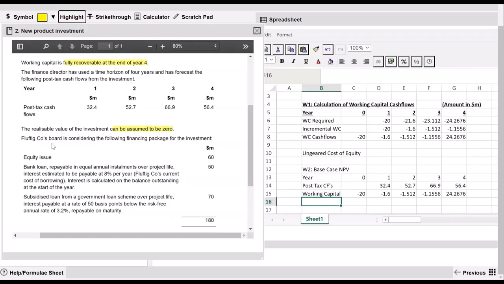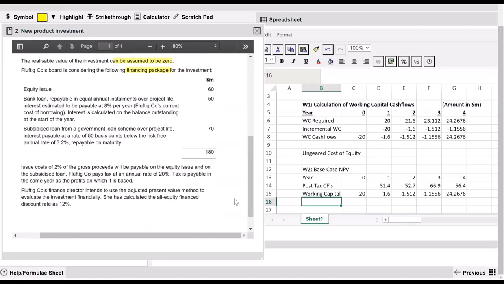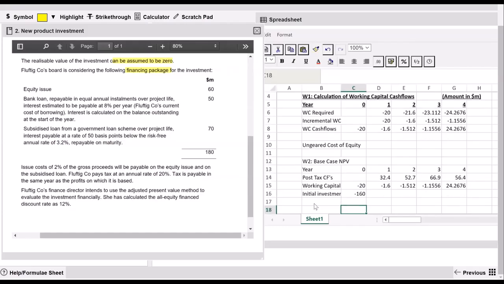The question further states the financing package, and it's about the equity issue there. A bank loan is there, a subsidized loan is there, and further the initial investment has been specified at the beginning of the question, which is 160 million. So using all these cash flows, we can arrive at the total cash flows.